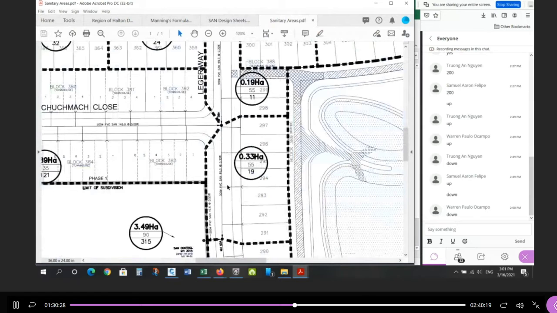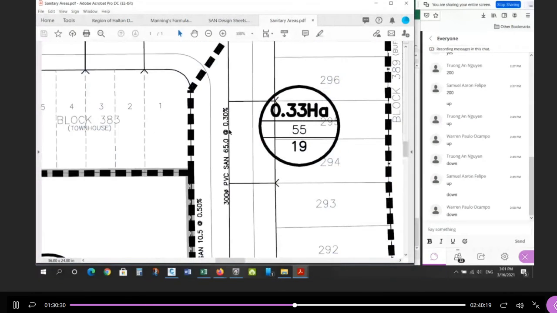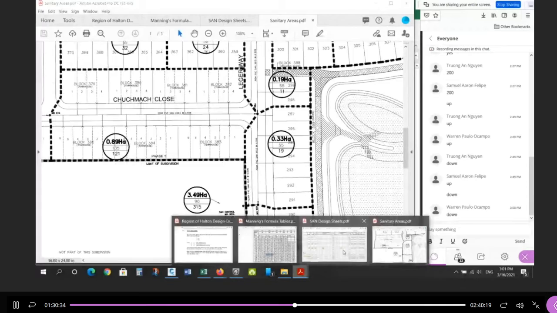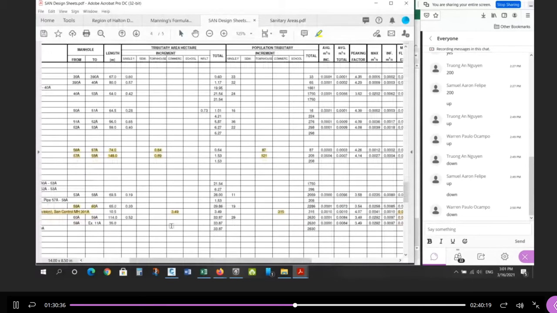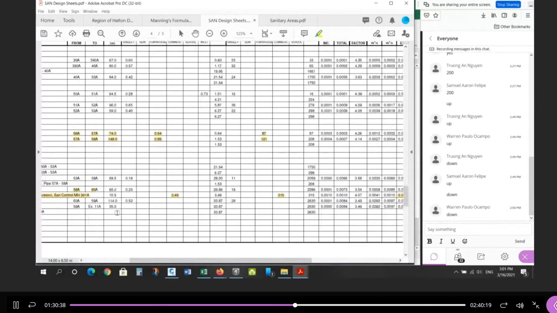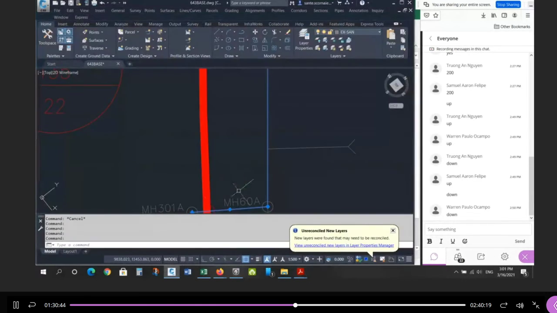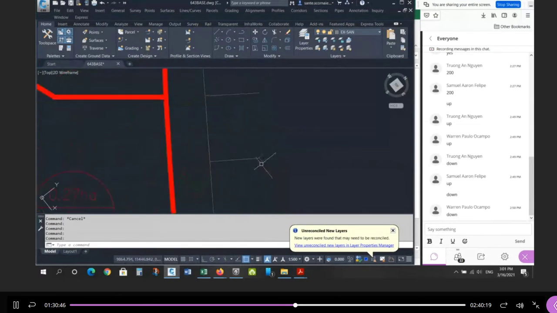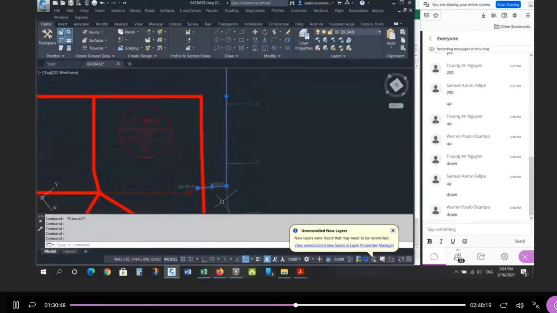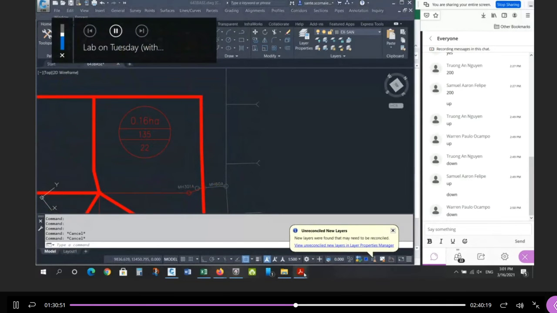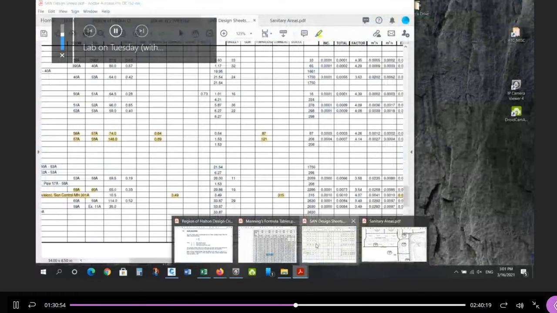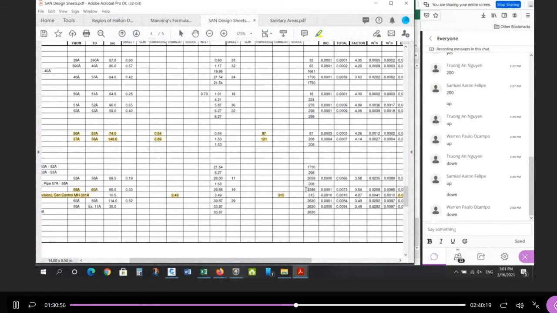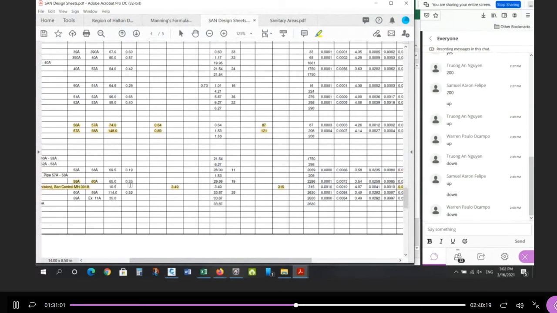If you look at that pipe size, that 300 at 0.3%, go back to the spreadsheet, it's a 300, which is 60 to 59, I believe. Let's just double check. Sorry, we want to look at 58 to 60. 58 to 60 is this line here. Look at the population, 2,000 people.